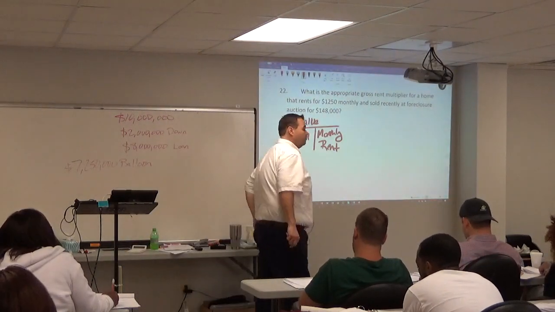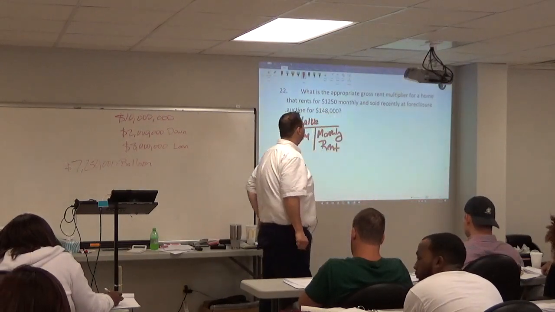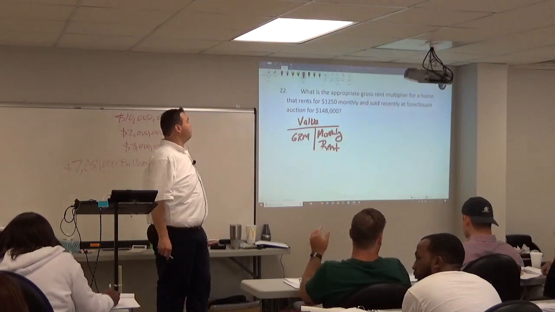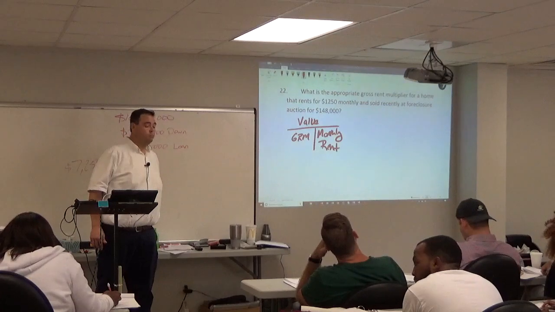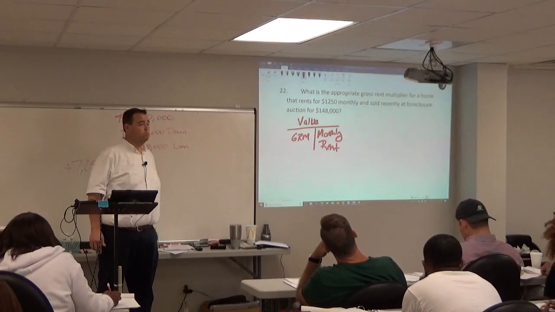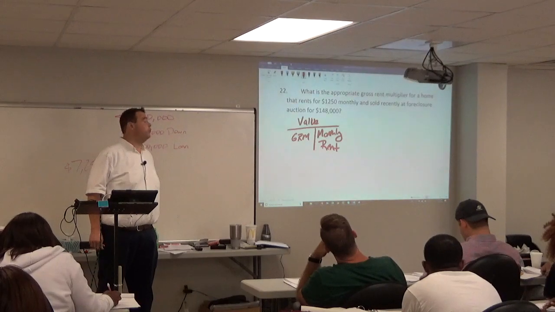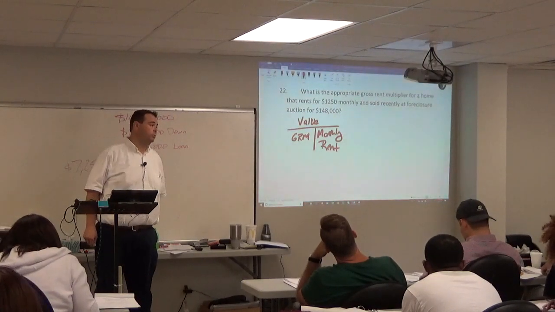No, use the decimal. Monthly rental rate, 100? Just because of the word rate. And you're not calculating a rate either, though. What do they want to know? They just want to know the gross rent multiplier.